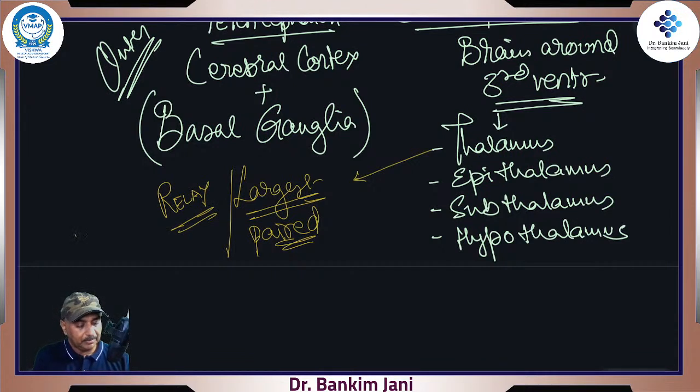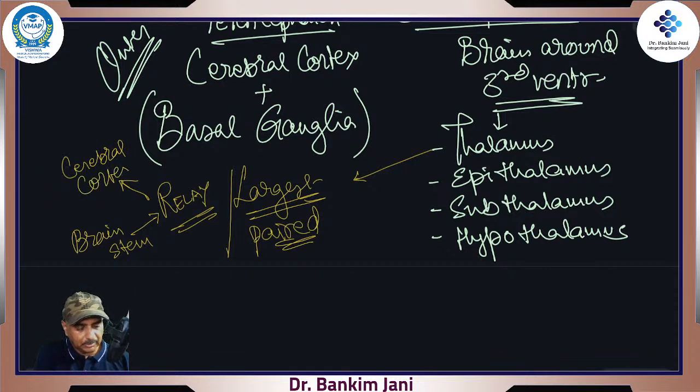Relay center between, this is the brain stem, which has the midbrain, pons, medulla oblongata, and then comes the spinal cord. All the things in the form of ascending tracts, meaning the sensations carried from the entire body coming up, all relay into the thalamus, and then from the thalamus they are sent to the cerebral cortex.